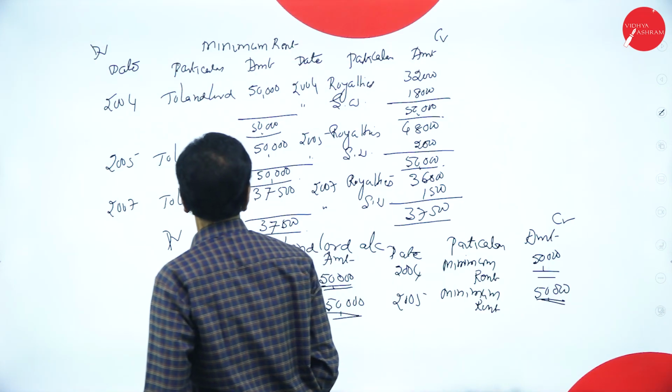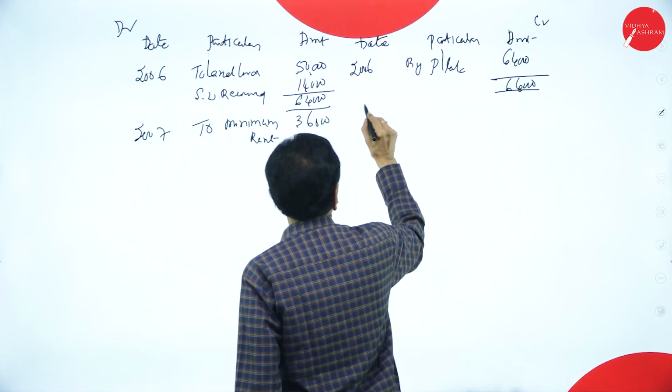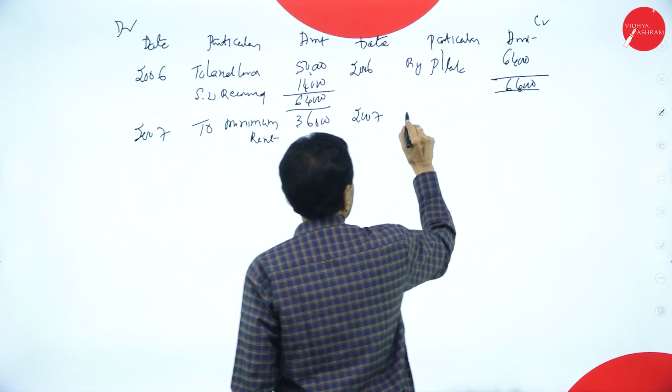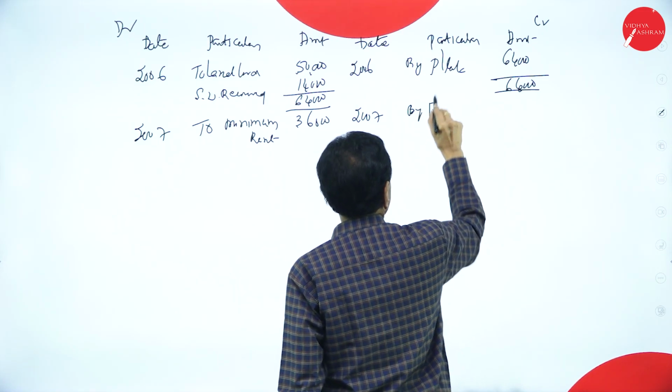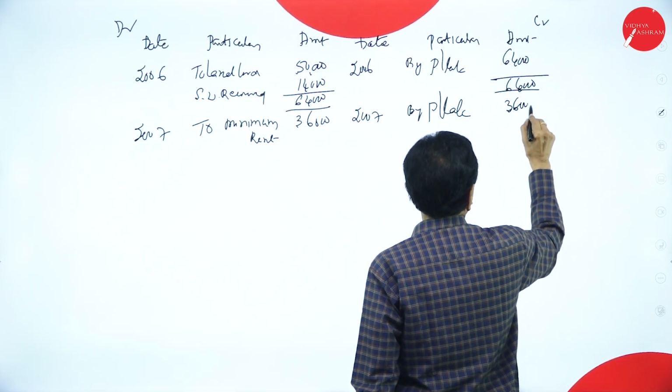Its royalty is 36,000. Transfer to P&L account, by profit and loss, 36,000.